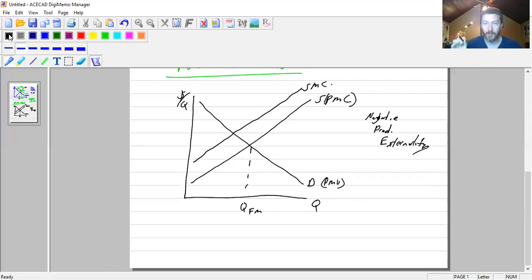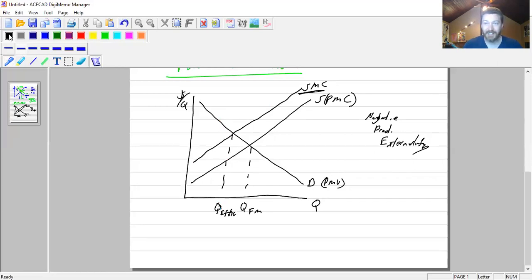Private marginal cost plus the external cost is equal to this social marginal cost, which we've just added to the supply curve. And we've already demonstrated how Q-effic is the efficient level of output.